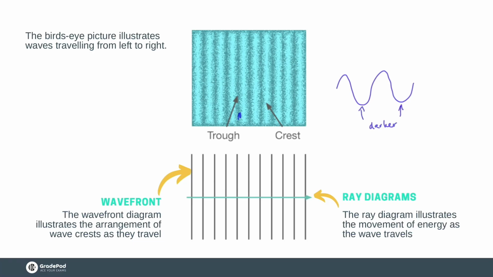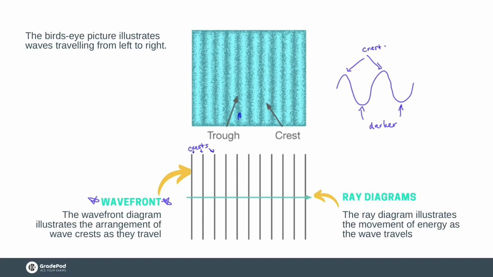And the lighter lines are the crests of the wave. And if you were to represent this real-life situation in the ripple tank in a diagram, what you would do is you draw a wavefront diagram. And it's basically lines showing the crests of a wave. A wavefront diagram basically illustrates the arrangement of the wave's crests as they travel.